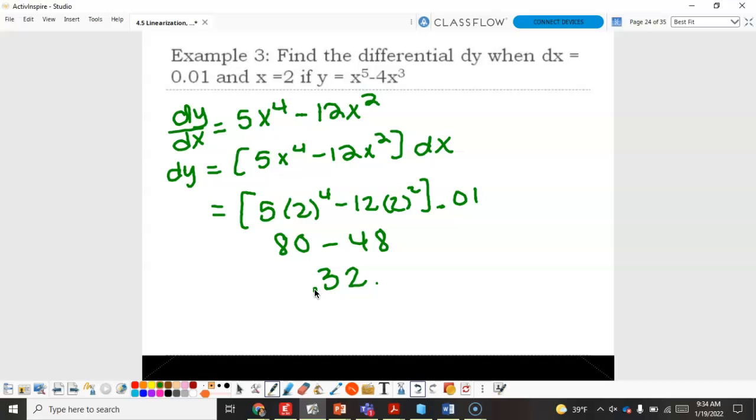This value right here represents the change in y when x increases by 0.01 from 2. I thought x is at 2.01 and delta x is 0.01, so x is equal to 2.